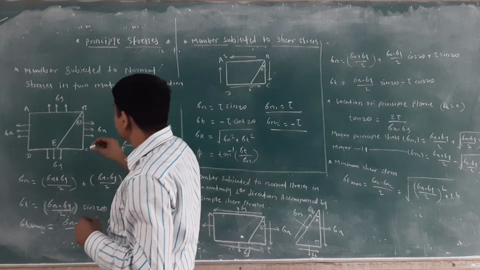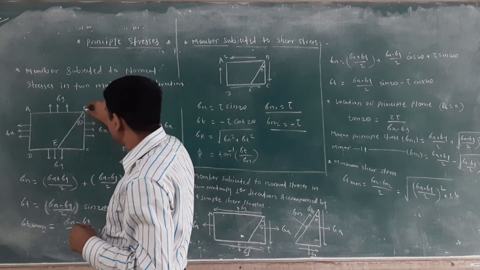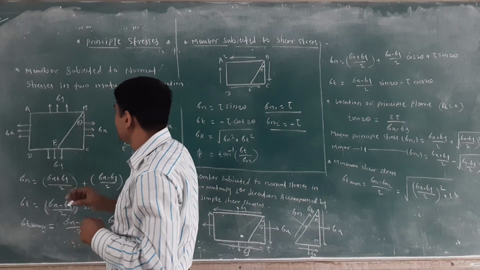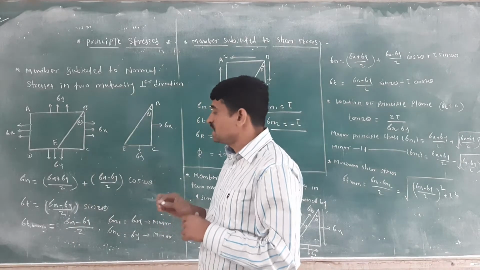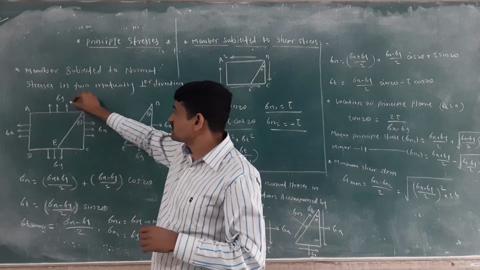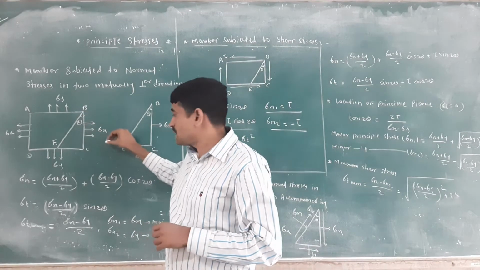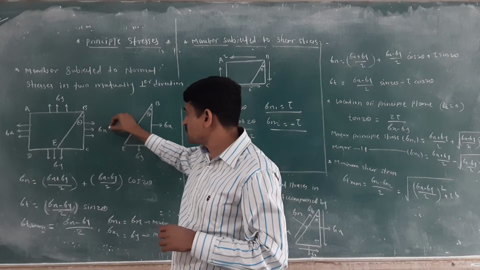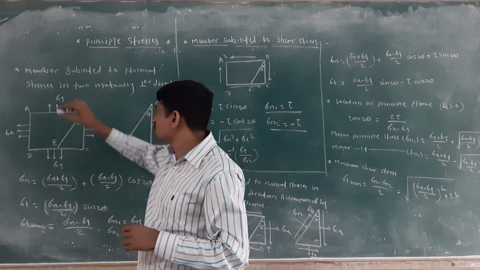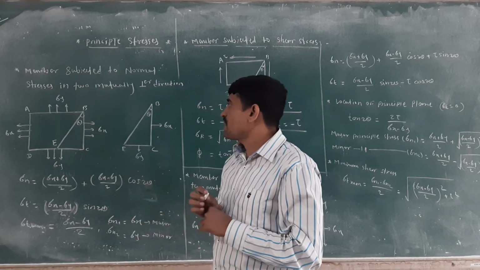See, I have considered one rectangular block A, B, C, D having the two mutually perpendicular stresses sigma x and sigma y. In x direction there is a sigma x tensile stress, and in y direction sigma y stress.